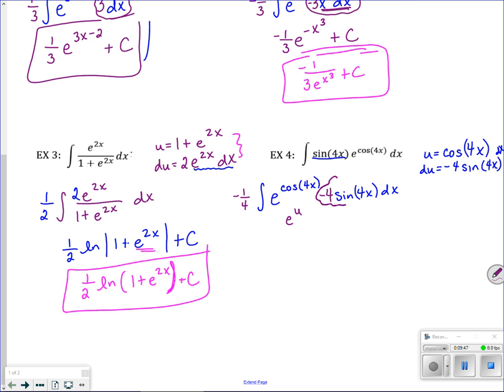All of that is du. So what I'm really integrating is that right there. And that integration is very, very simple. What is the integral of e to the u du? It's just e to the u. So my answer is -1/4 e to the cosine of 4x plus c.